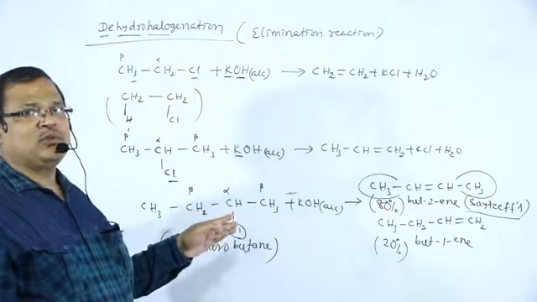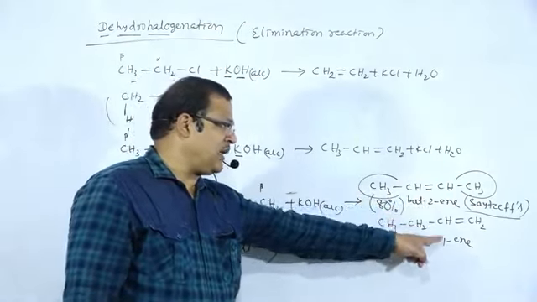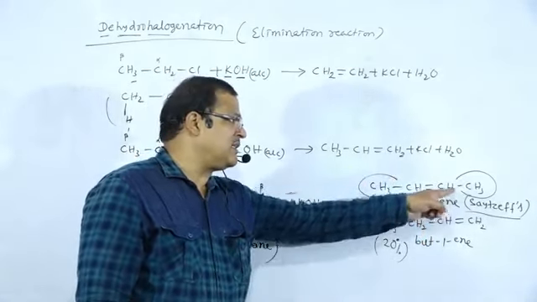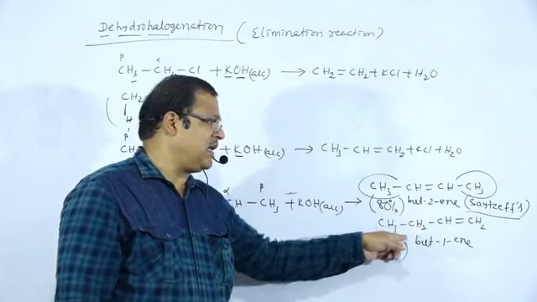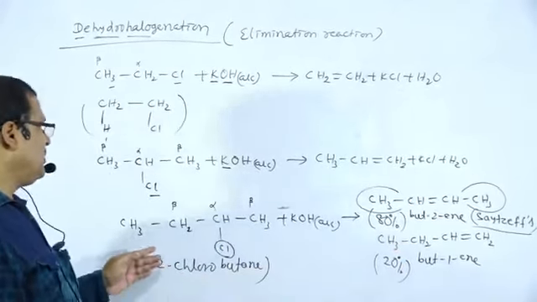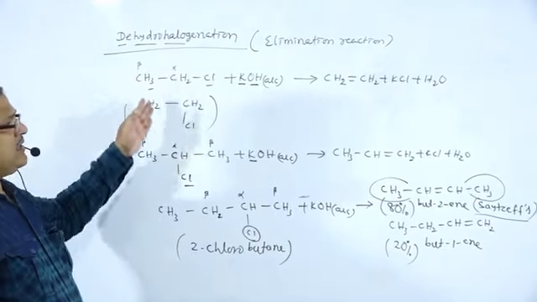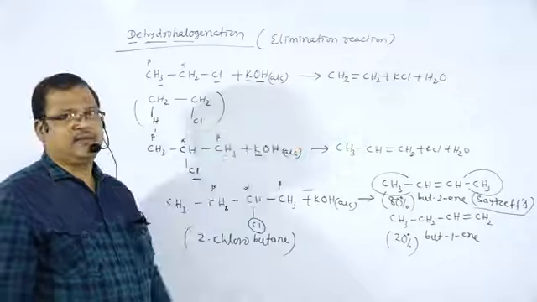That is Saytzeff's rule. The double bond occurs at a higher position, in this case 1, in this case 2, or more alkylated, which contains 6 alpha hydrogen atoms. This is less alkylated, containing only an ethyl group, where there are only 2 alpha hydrogen atoms. So this is regarding dehydrohalogenation, that is elimination reactions of alkyl halide to form alkene.